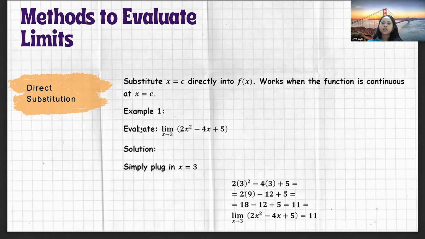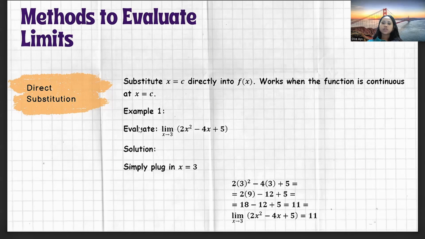We want to find the limit of 2x squared minus 4x plus 5 as x approaches 3. Since this function is continuous, we can substitute 3 directly into the equation.